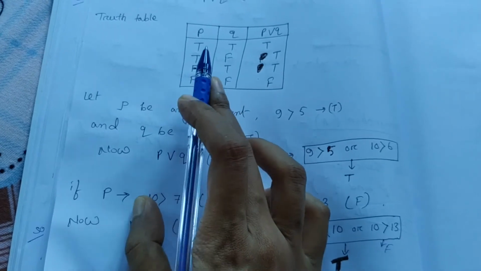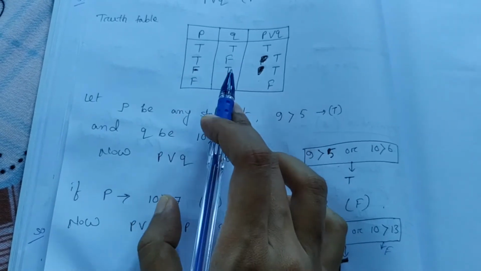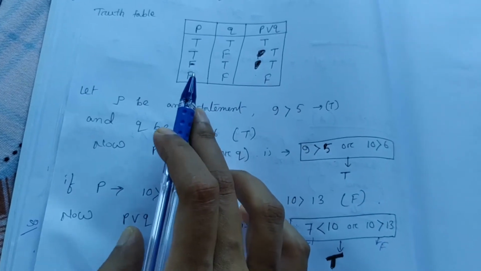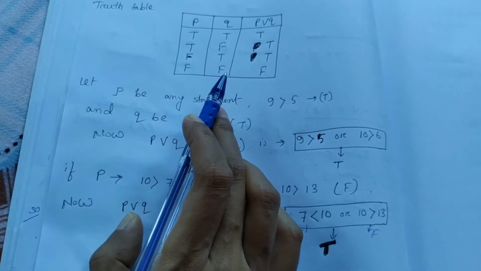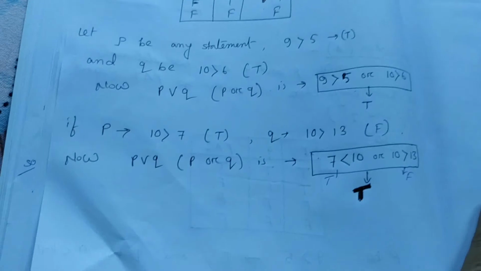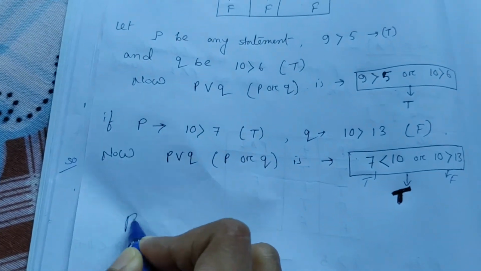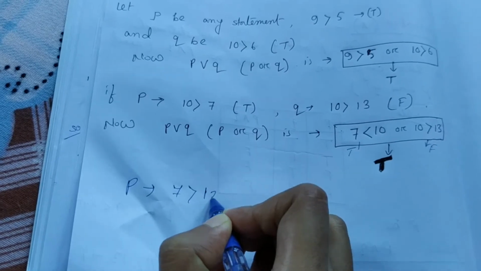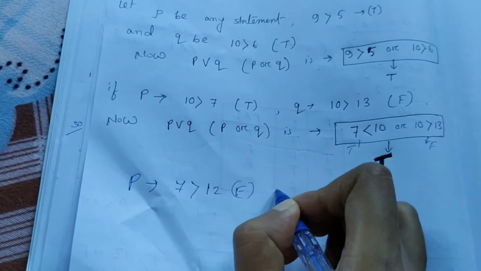Similarly, you can prove that if P is false, Q is true, then P or Q is true. And if P is false and Q is false, then it is false. How? Let me tell you. Let P be any statement. Suppose 7 is greater than 12, it is a false statement.